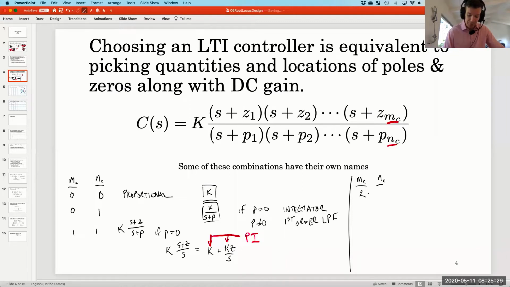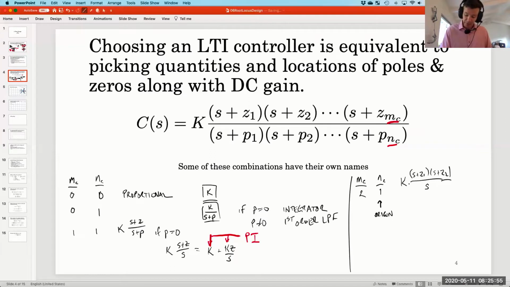So if you have 2 zeros and 1 pole, and that pole is at the origin, then your controller transfer function could look like a constant times a couple of zeros. Could be complex conjugate, could be distinct, could be repeated. Don't quite know yet, over s.